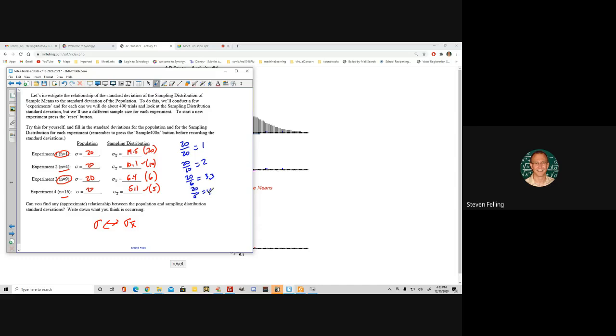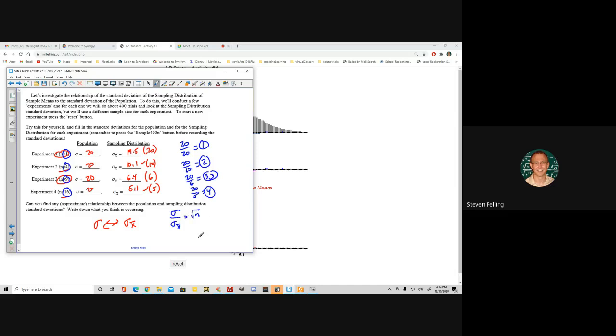Now that I look at this, this 4 is just the square root of this 16. And this 2 is just the square root of that 4. And 1 is the square root of 1. And 3.3 is pretty close to the square root of 9. So it almost looks like if you take the sigma value and you divide it by the sigma x bar value, you're going to get the square root of n.